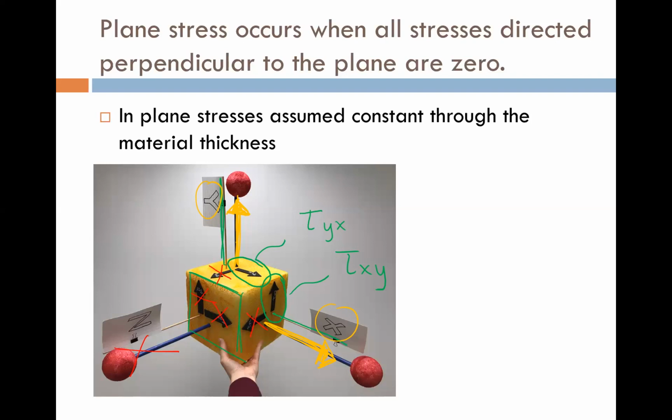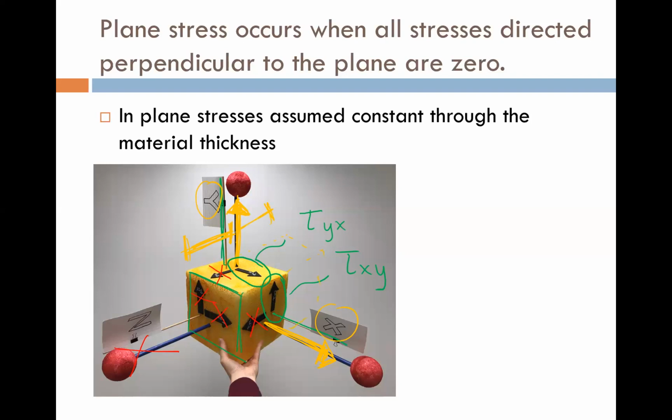And furthermore, we assume that they're constant through the thickness of the material, which means that from here to there, we assume, or this is rather a material element, but let's say there's a couple material elements next to each other.